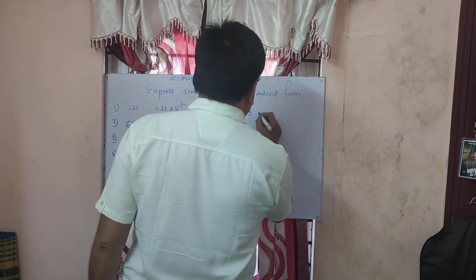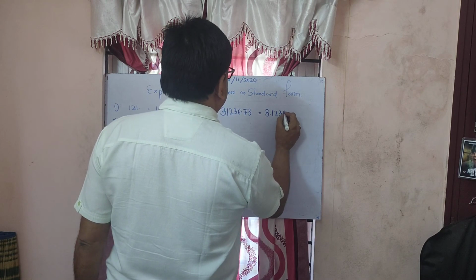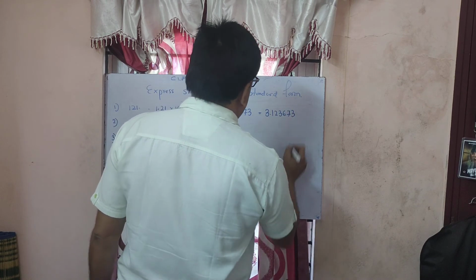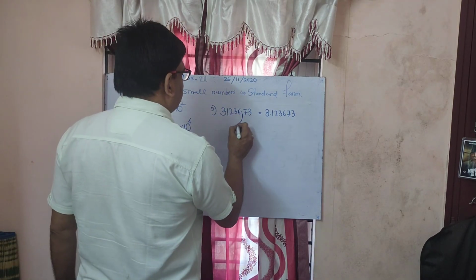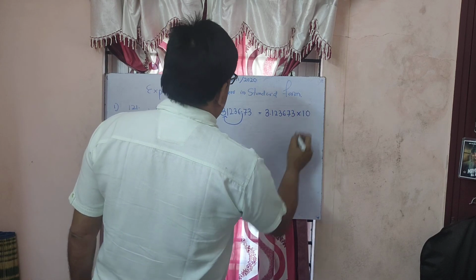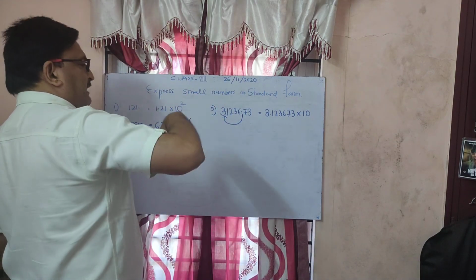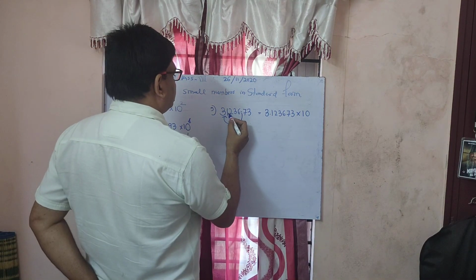Now again, 3.123673. Now this point moved from here to here, right to left. How many places did it move? 1, 2, 3, 4 places.